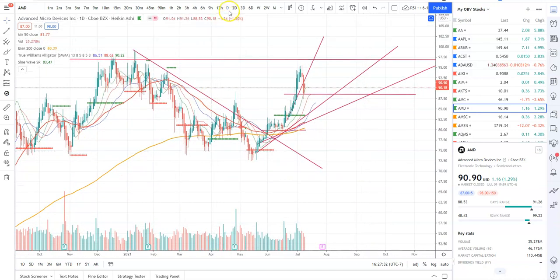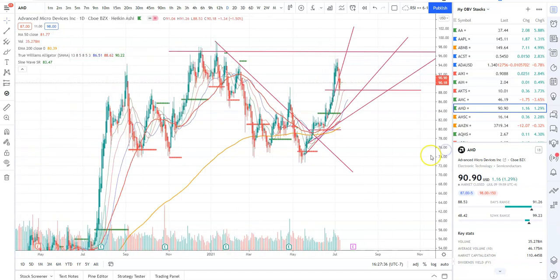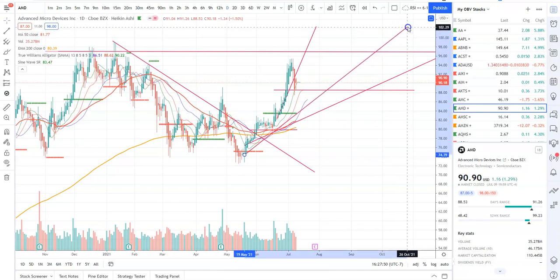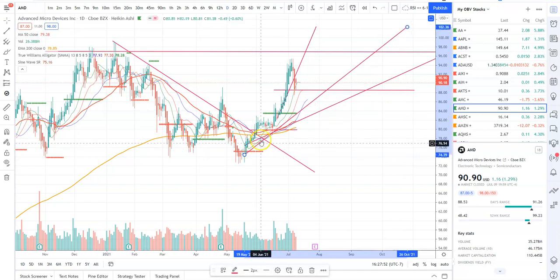AMD, what are we seeing? I'd like to start with the daily time frame, get a broad picture of what we're seeing. Looks to me like right now there are at least one, potentially three very key longer term trend lines in place. One I've got set here from the lows in May 19th and a touch point here on June 21st.